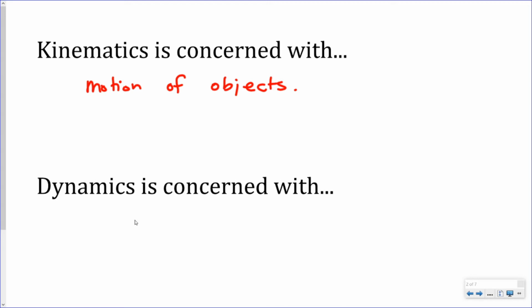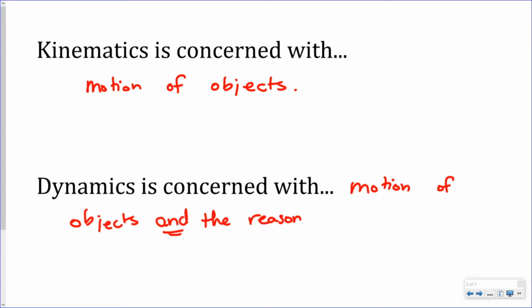Dynamics is taking that essentially one step further. Dynamics is concerned with the motion of objects, same as kinematics, but we also are concerned with the reason they are moving.